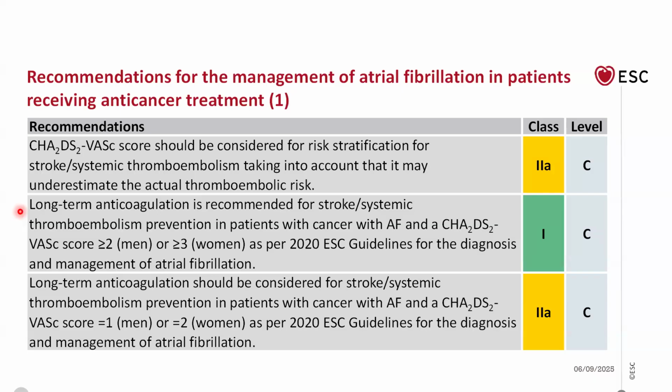Long-term anticoagulation is recommended for stroke and systemic thromboembolic prevention in patients with cancer and atrial fibrillation with a CHA2DS2-VASc score of 2 in men. Currently it will be 2 in both men and women, not 3 in women. Long-term anticoagulation should be considered for stroke and systemic embolism prevention in patients with cancer, atrial fibrillation, and a CHA2DS2-VASc score of 1.